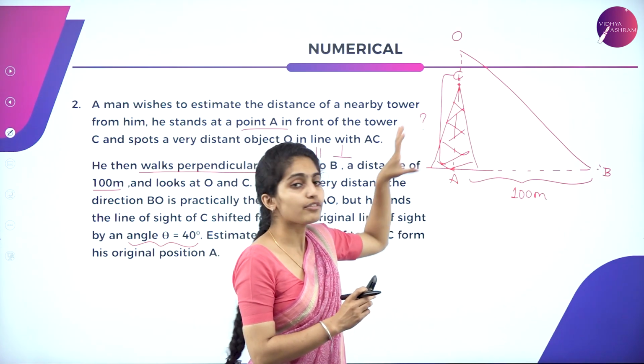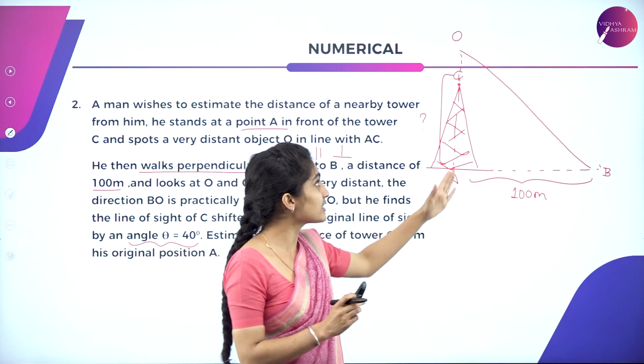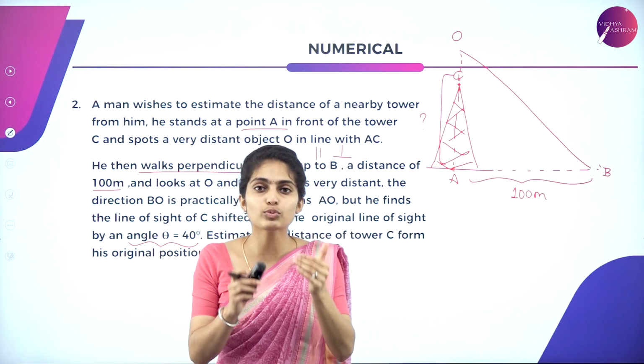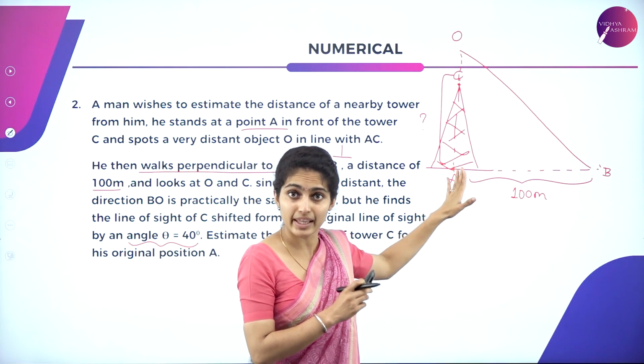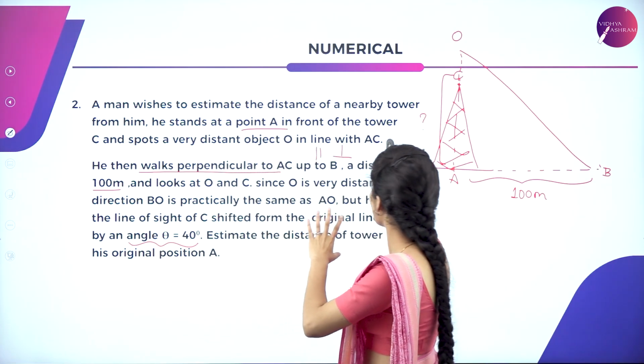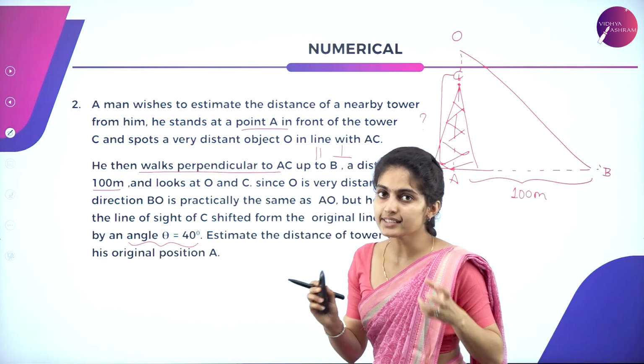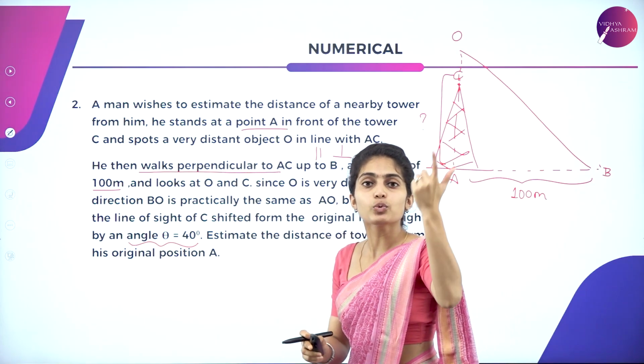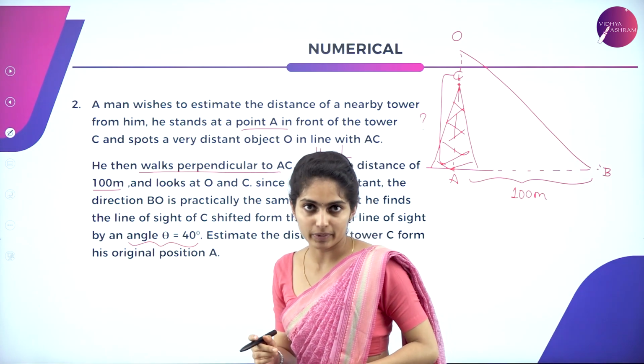Now he needs to get the exact distance of this tower from the point where he is standing, that is from the original place, from A to C. So you have completely visualized the question here. Now you will have to execute it in numericals.